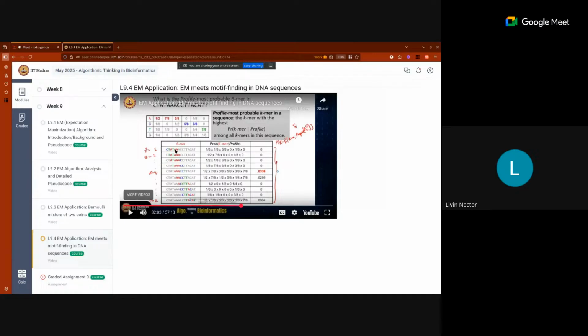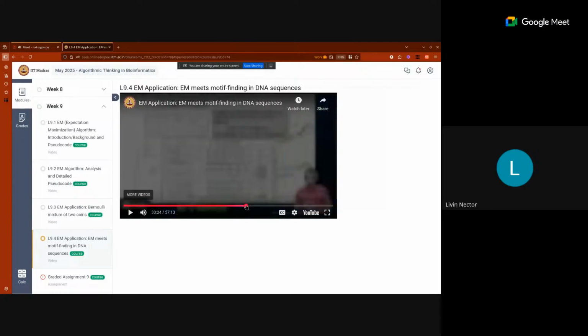So in the coin case, we know which coin is chosen and we estimate the probabilities. And here we assume, for this position, what is the probability. With that we find the responsibilities, and that gives us these probabilities. Then we do the M step, updating the actual table with that.